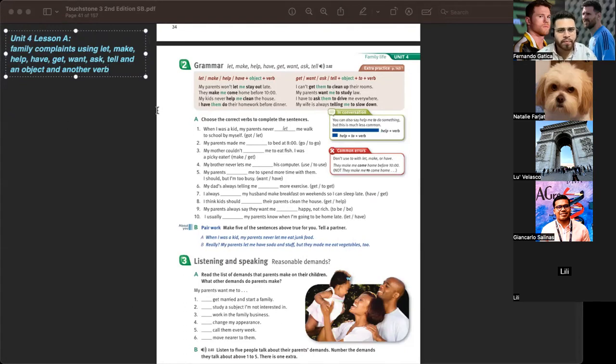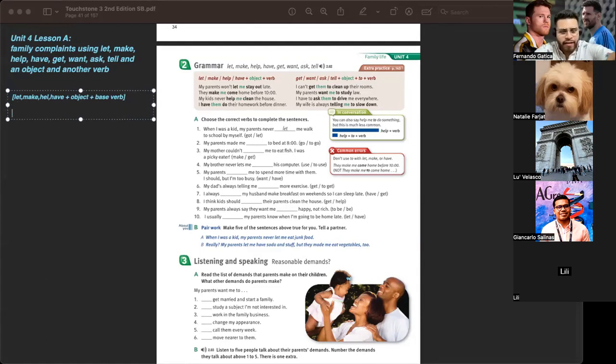Okay. Let me give you the formula. After let, make, help, have, you're going to put an object and then a base verb.